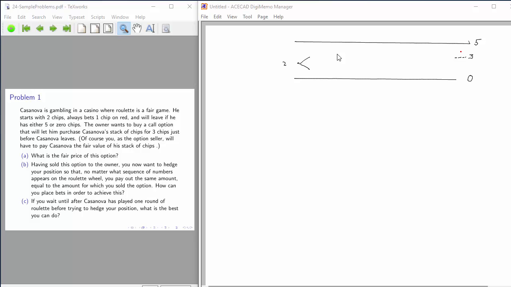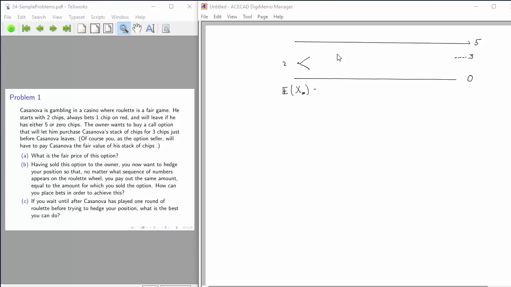And the key to figuring out the fair price is that in a fair casino, the value of Casanova's stack of chips is a martingale. It starts out at 2, and when he finally exits, that's the random variable x infinity, where he either has 5 chips or he has no chips.